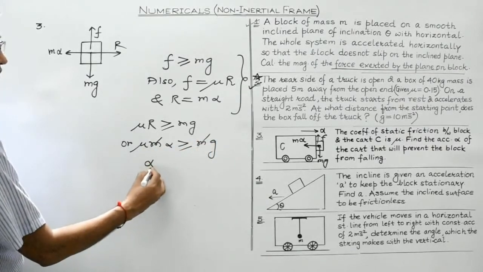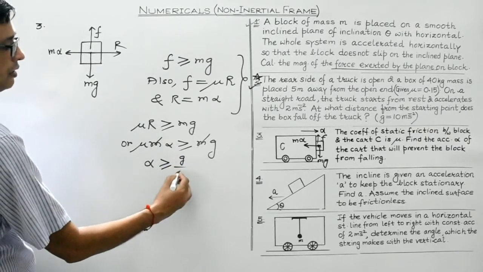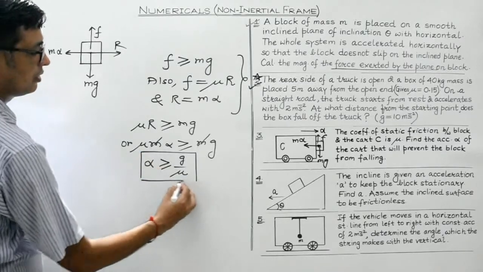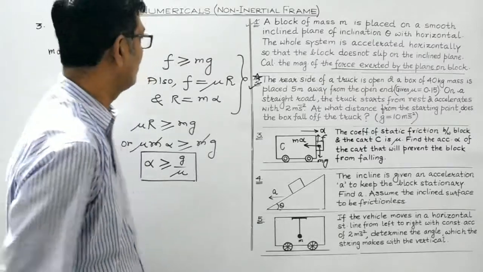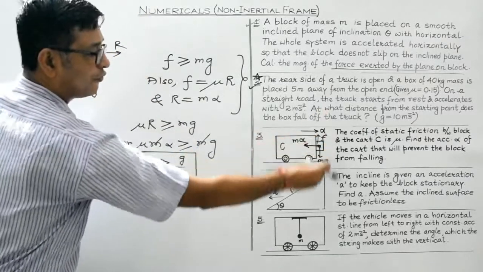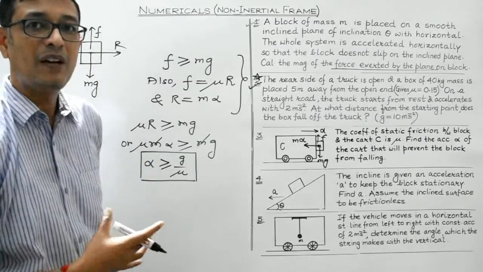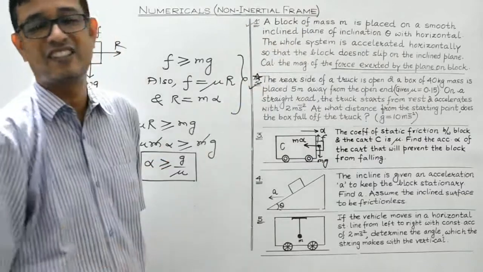So alpha must be greater than or equal to g by mu. This is the condition which, if satisfied, will prevent this block from falling down, right? This must be the minimum acceleration with which the entire system must be accelerated.